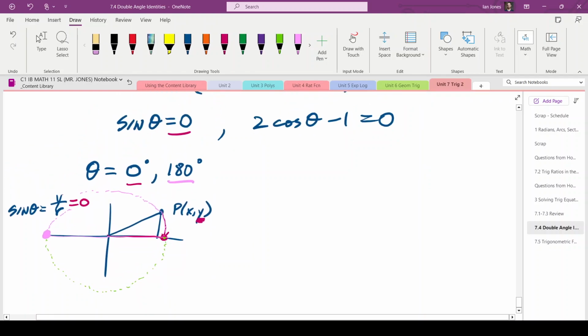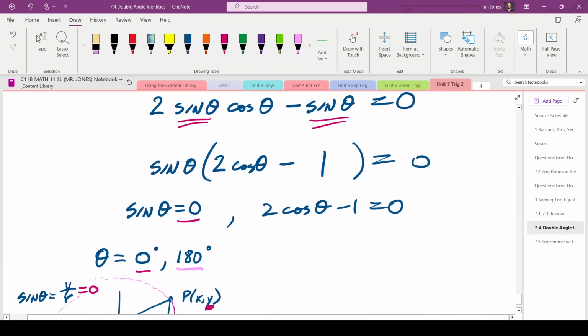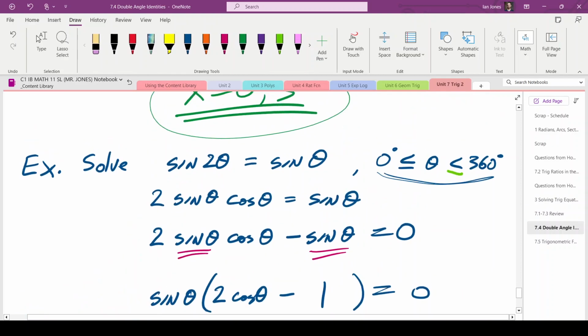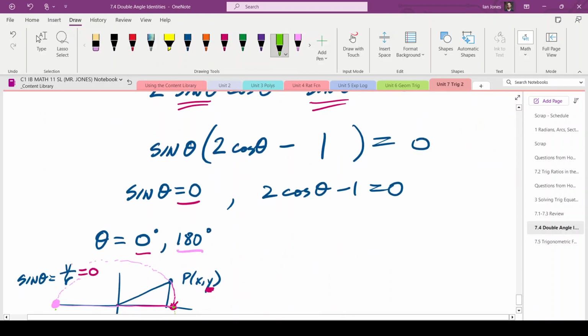That's why I went to check that it wasn't less than or equal to, because if it said or equal to, we would have to put 360 as an answer here as well. But it just said strictly less than 360. So we just have these two values here.